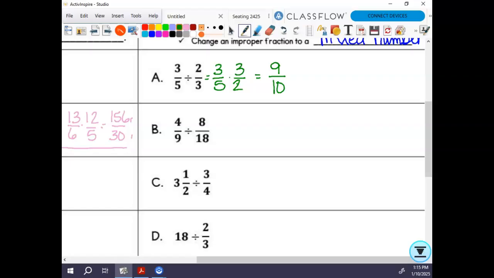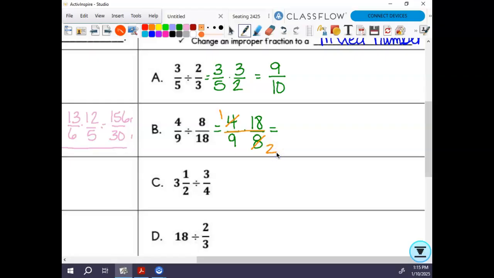So here, not reducing yet. I'm going to keep, change, flip. So 4/9, keep that one, times 18/8. Now, can I cross cancel some stuff? Yes, I can. And if it helps you, you can think about it as one big fraction. I think that helps some people. So the 4 goes into 4 once, goes into 8 twice.